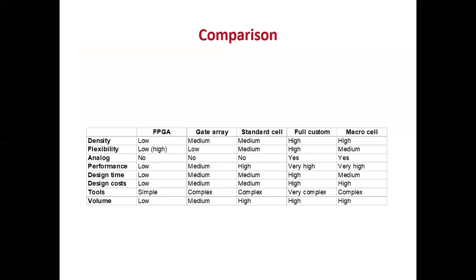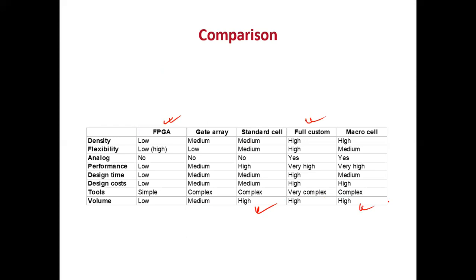Now, this is the comparison table of FPGA, gate array, standard cell, full custom, and macro cell. Density wise, here flexibility is mentioned. So, maybe we are asked the difference between FPGA and full custom, or standard cell versus macro cell.